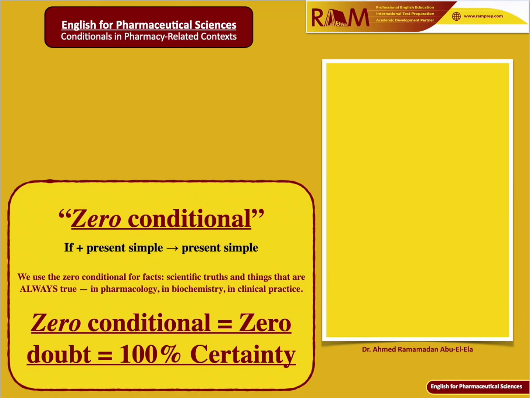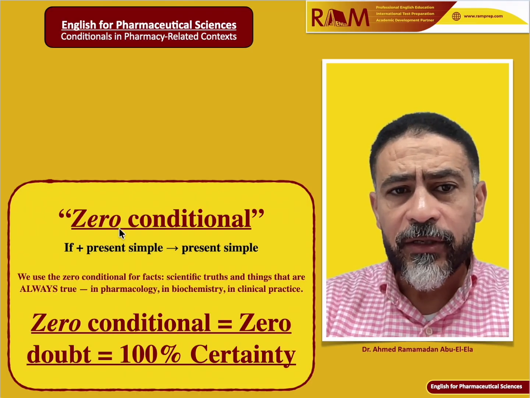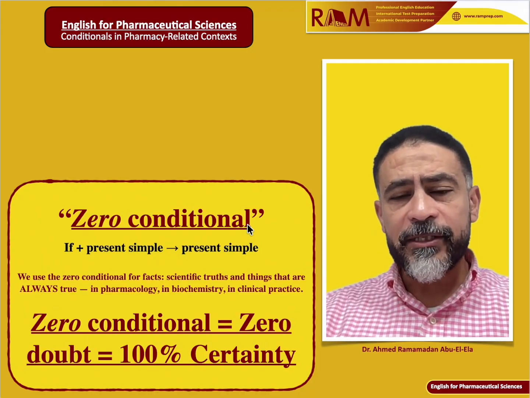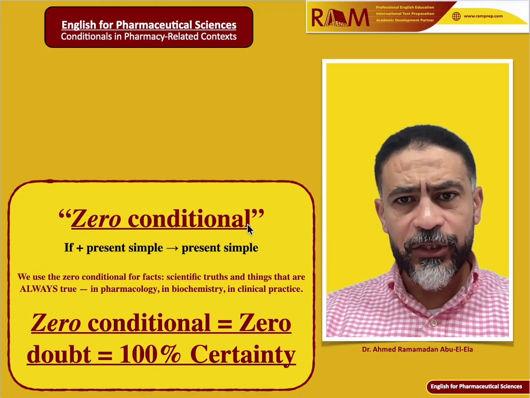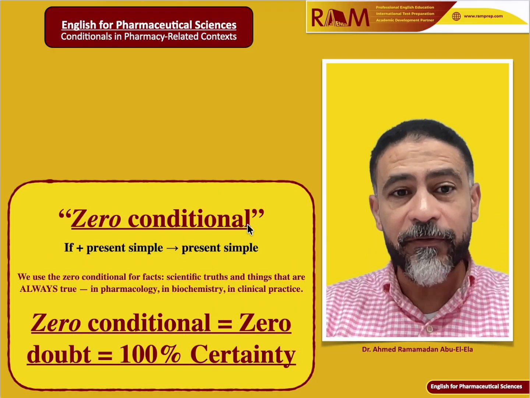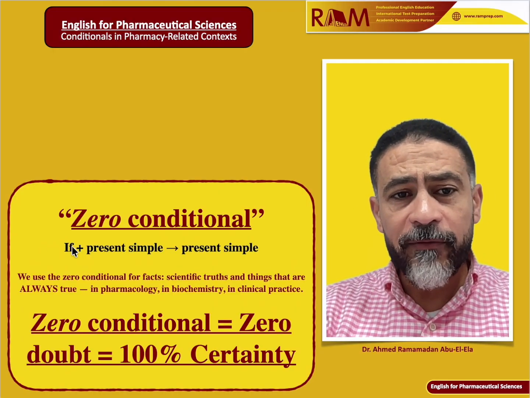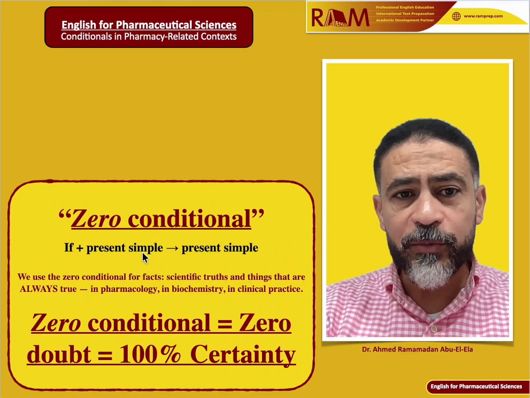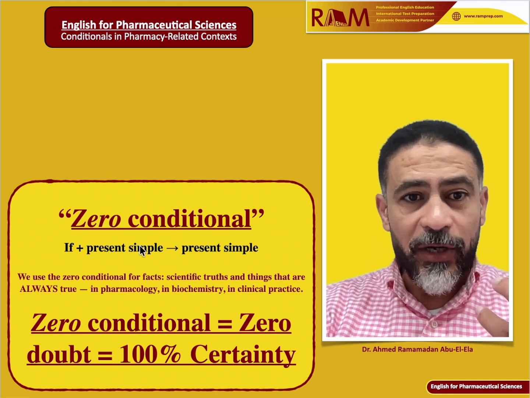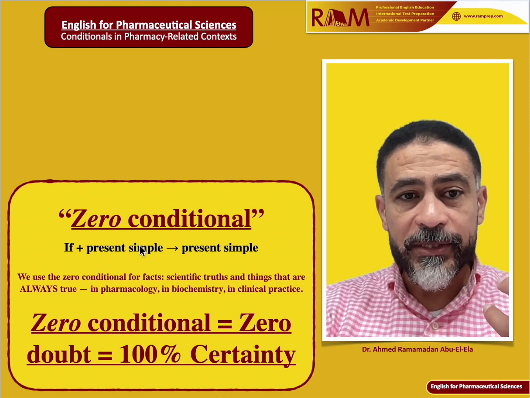So we can conclude the form of a zero conditional, which is type 1 of if conditionals. With if, you have to use present simple, and with the cause you have to use present simple.